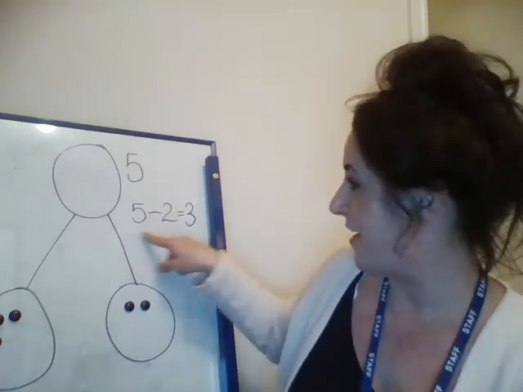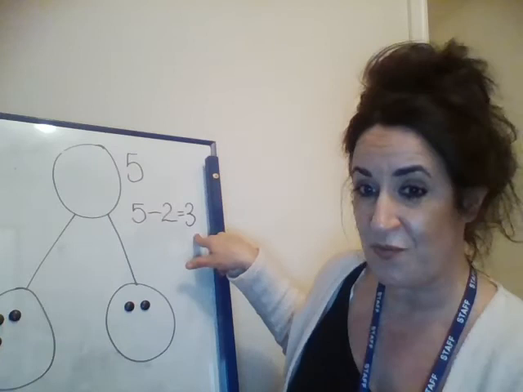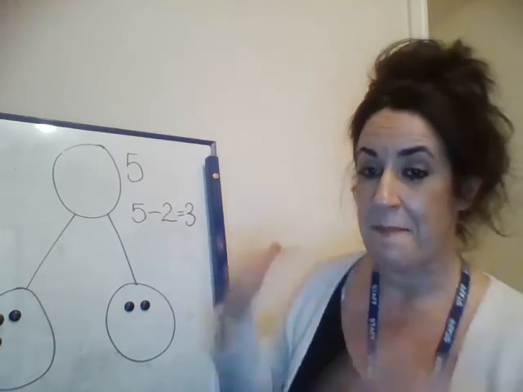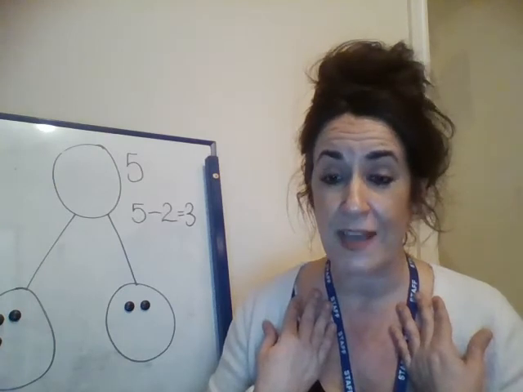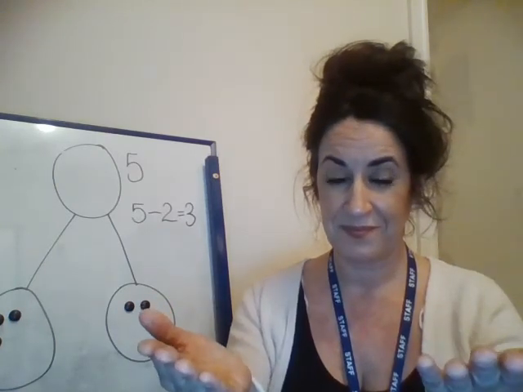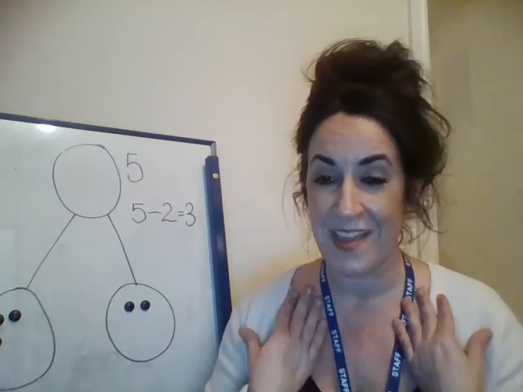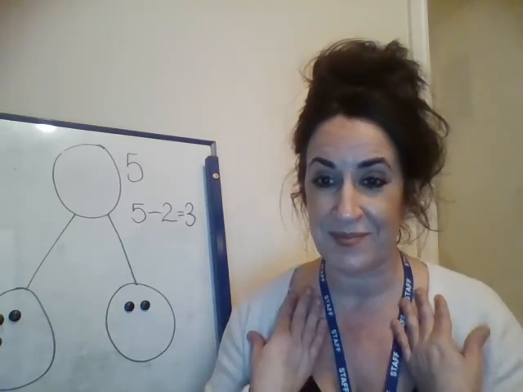Now we can look at this sentence now and read it and explain in full what it's saying. My turn, your turn. 5 subtract 2 is 3. Let's do that one more time. 5 subtract 2 is 3.